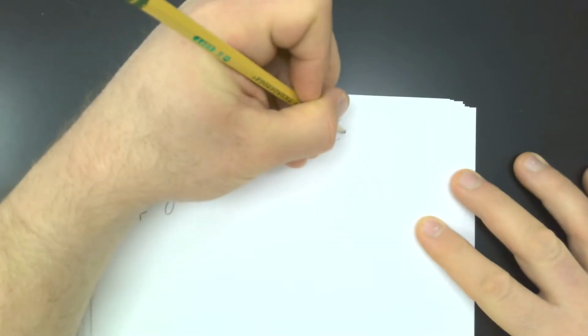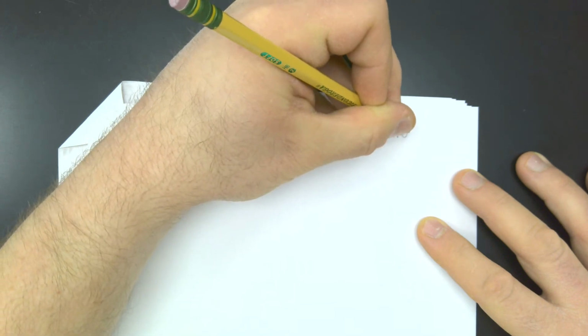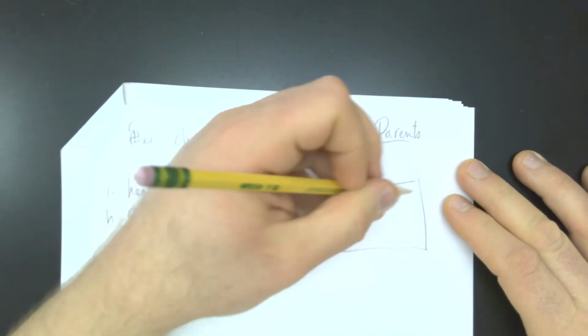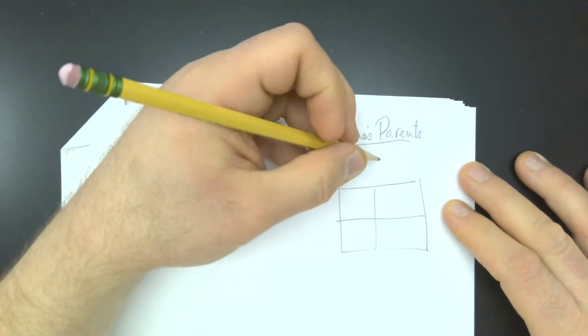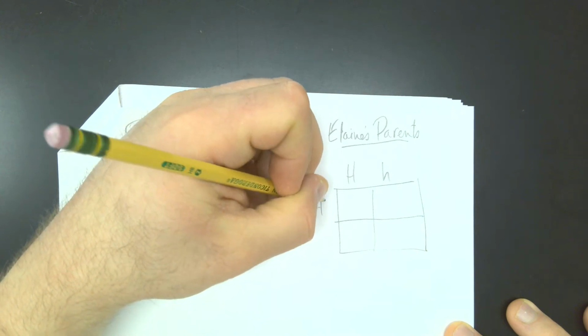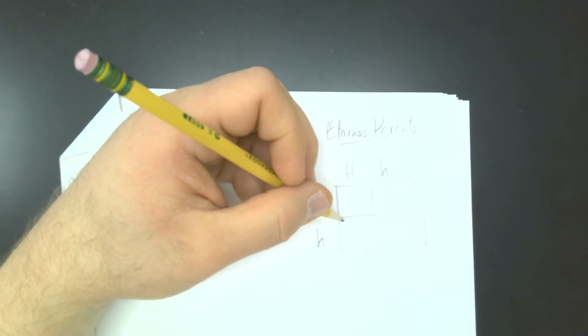So let's go back to the scenario with Elaine's parents. This is like a problem we did earlier, right? We know they didn't have the condition, so they have a dominant allele.